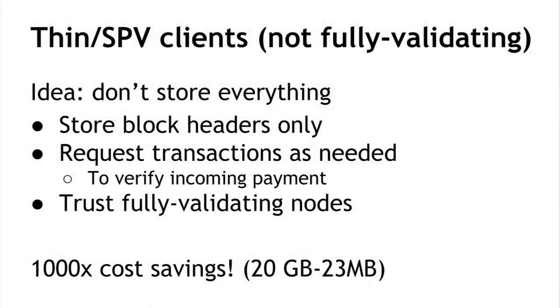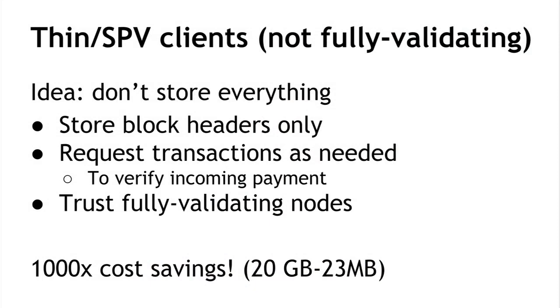So for example, if you run a wallet, your wallet might want to be a simple payment verification node. And if somebody sends money to you, you'll act as a node. You'll download the bits of the blockchain that you need to verify that the person sending you the money actually owned it and that the transaction sending it to you actually gets included in the blockchain, but you won't care about the thousands of other transactions going on that don't affect you.